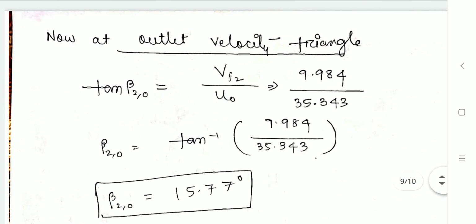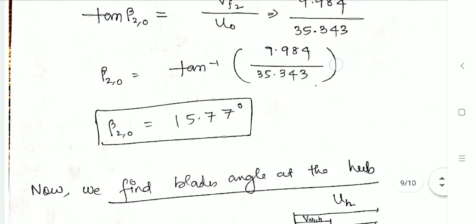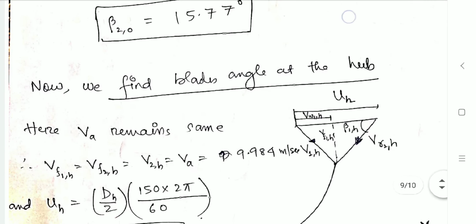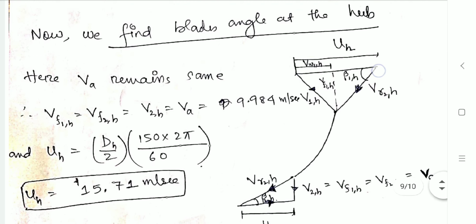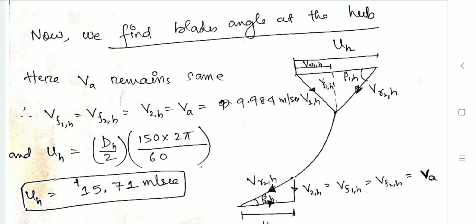Similarly, tan beta 2 naught equals vf2 by u naught equals 9.984 divided by 35.343, and from here we calculate beta 2 naught as 15.77 degree. Now our second part is to find the blade angles at the hub. The procedure will remain the same as we previously did for the outer periphery.